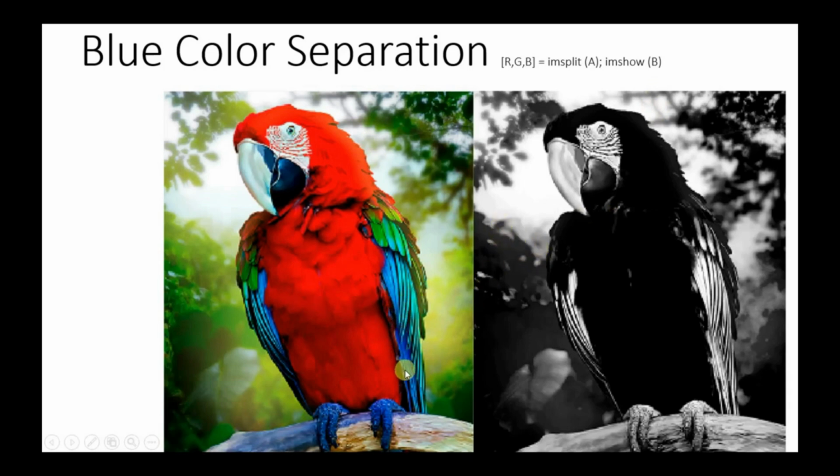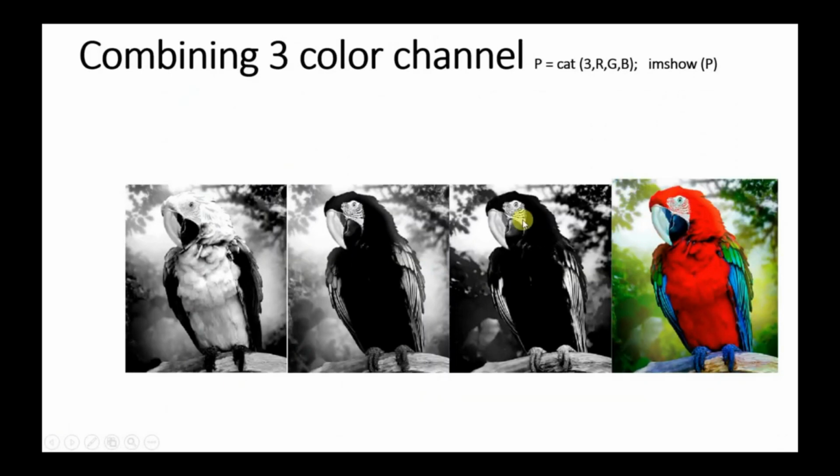Bear in mind that these are the blue components, so they are pure white, and the red component is absent from the image, and also the green component, so it is showing black as well. Only the blue color channel is shown in this channel, and the same goes for the red, green and blue.